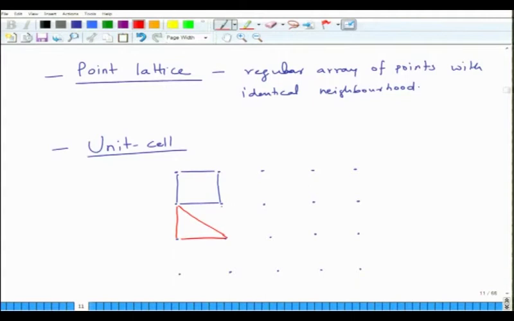If you choose this as a unit cell, then this would be the repeating unit. So, you will leave these gaps in between. So, there should be no gap at all.